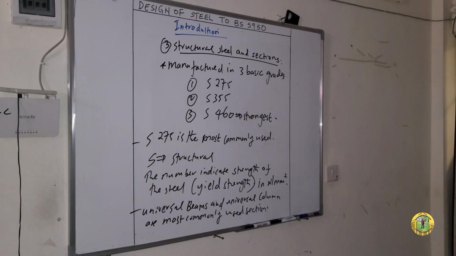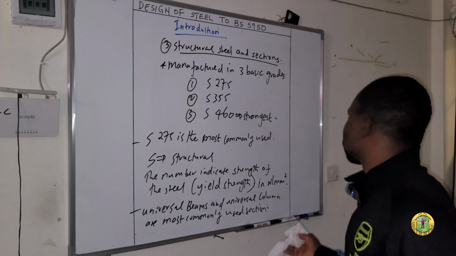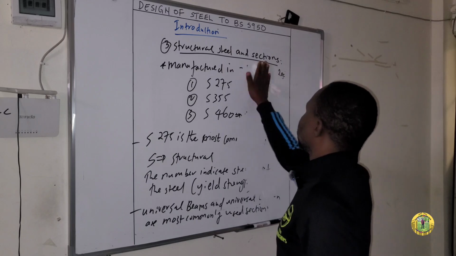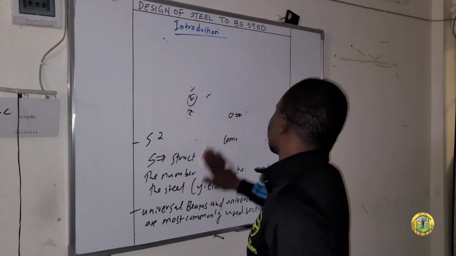The geometric properties of these steel sections, including the principal dimensions, have been tabulated in the booklet entitled Structural Sections to BS 4 Part 1, 1993, and BS EN 10056. So I want to now talk about symbols used in the design of steel to BS 5950.